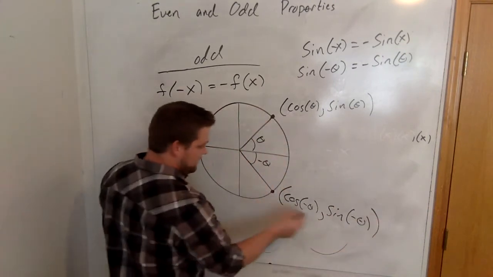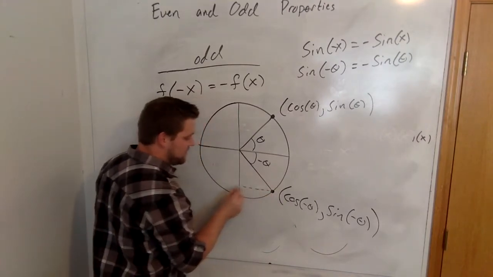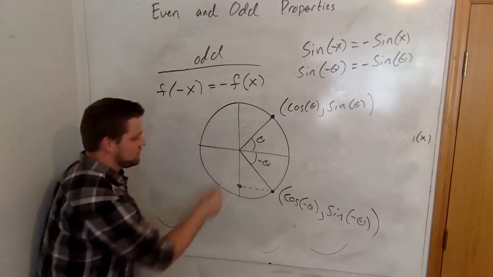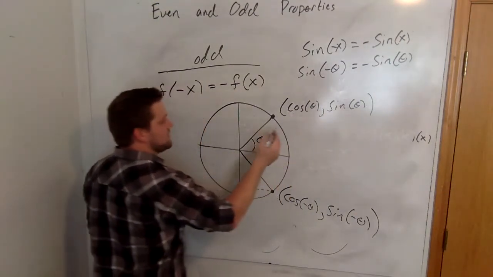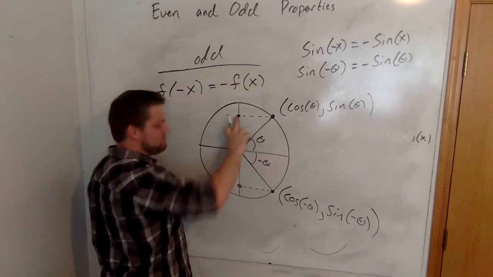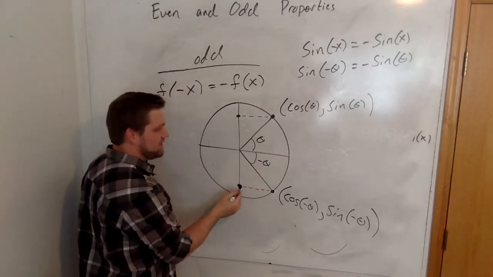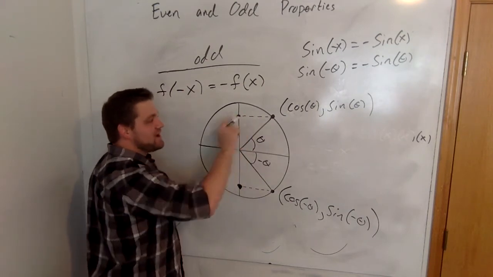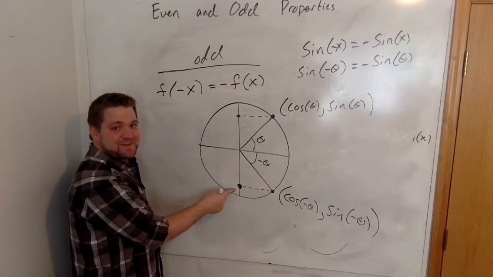Well, if I think about what sine of negative theta is, it's this value right here, this negative height here. Well, what is sine of theta? Sine of theta is this value here. If I do sine of theta, I get this output, but then if I make it negative, I'm just reflecting it over this axis.